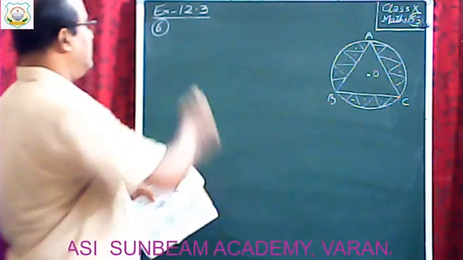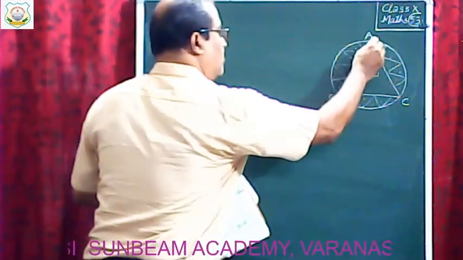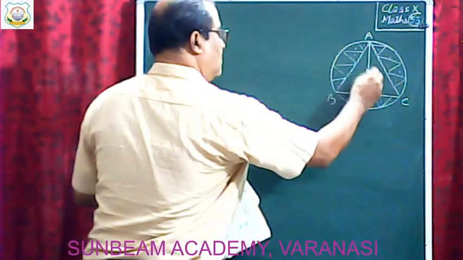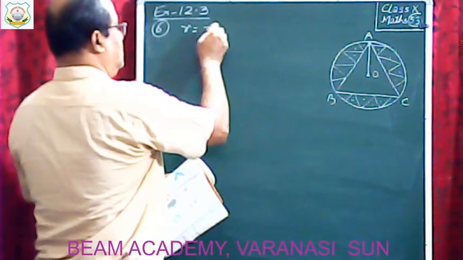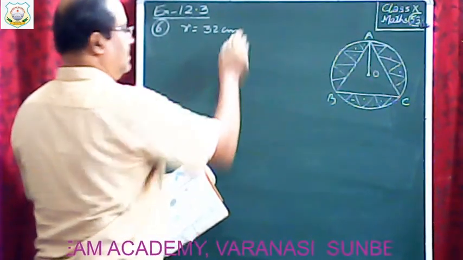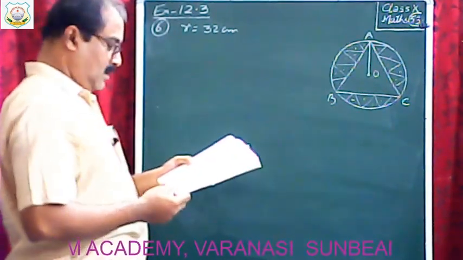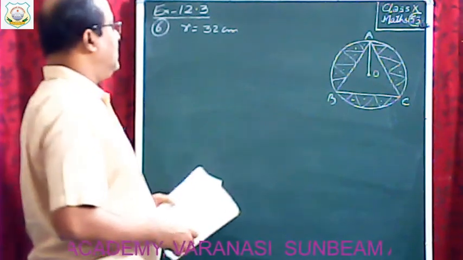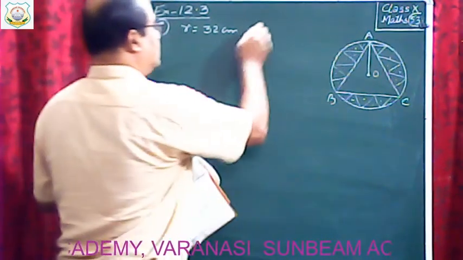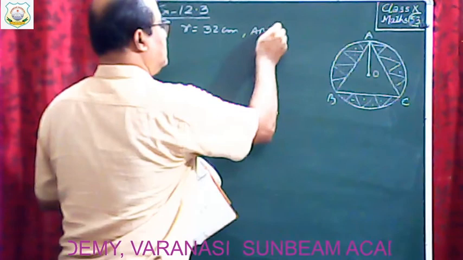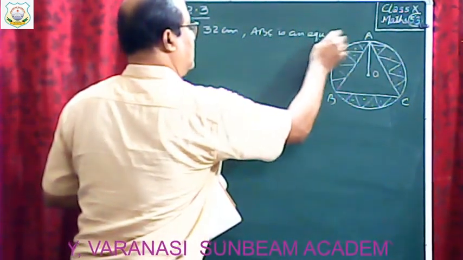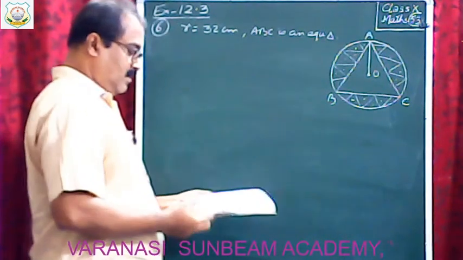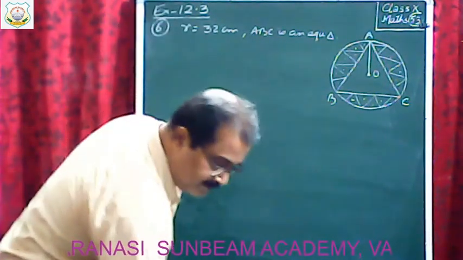Radius is given. If you join AO, that is radius, 32 centimeter. And ABC is an equilateral triangle, that is also given. You have to find area of design.